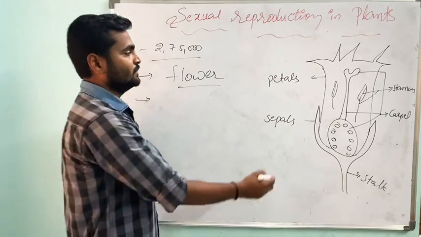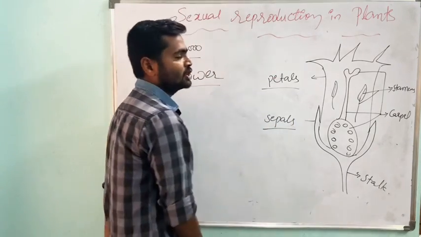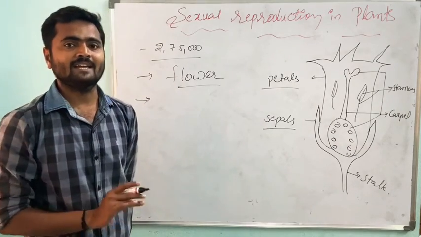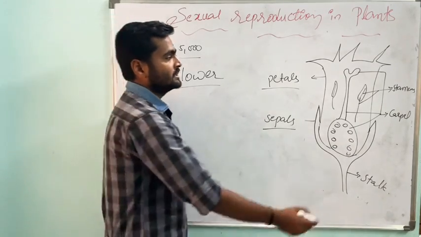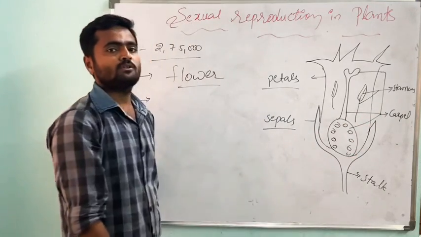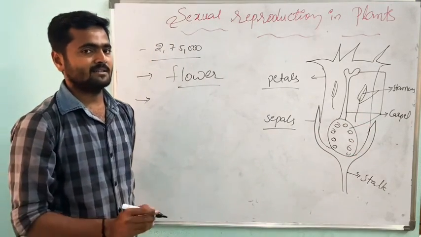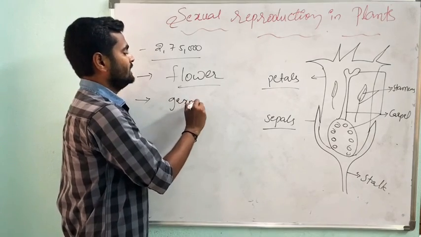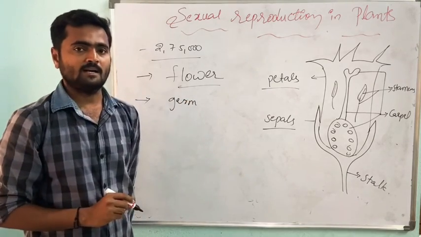Of all these four, petals and sepals are non-essential parts, meaning they do not produce any reproductive cells. The stamens and carpel produce reproductive cells, or sex cells, or germ cells. That's why they are very important parts.